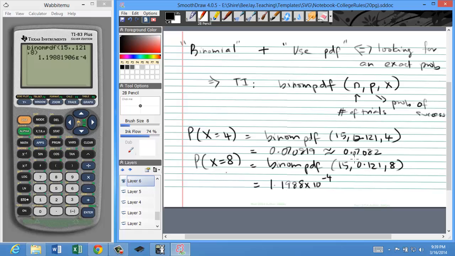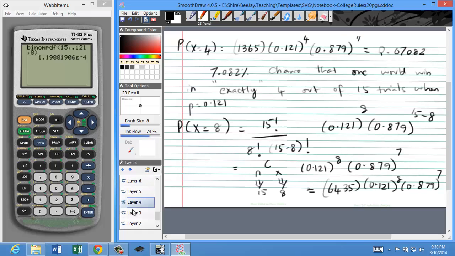So these two approaches are exactly similar to what the formula would do, but the calculator is evaluating the formula for you, and you can actually find the answer in an easier way. So you may either use this approach using the calculator, provided you identify n, p, and x, and that you have to use a Binomial PDF, or you can use the formula-based approach, which we showed earlier.